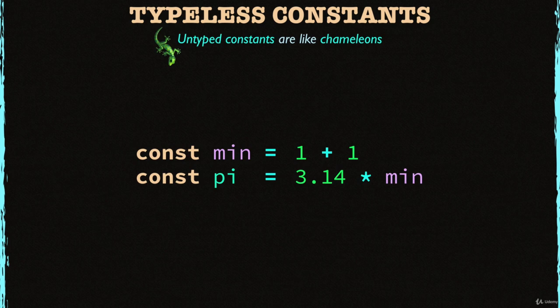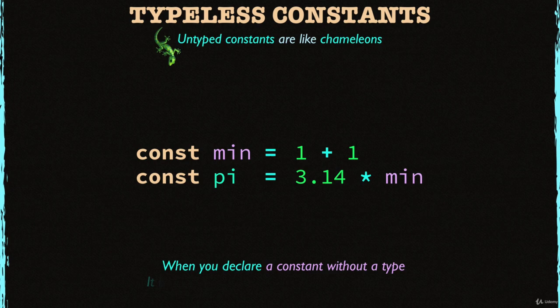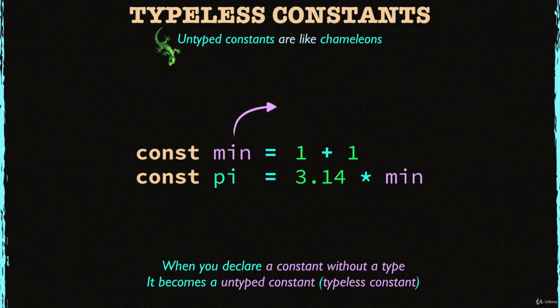This works because when you declare a constant without a type, that constant becomes an untyped or typeless constant. So min here is just an integer value. It doesn't have a type. And pi here is just a float value. It doesn't have a type either. So they are simply typeless. This is why it works.